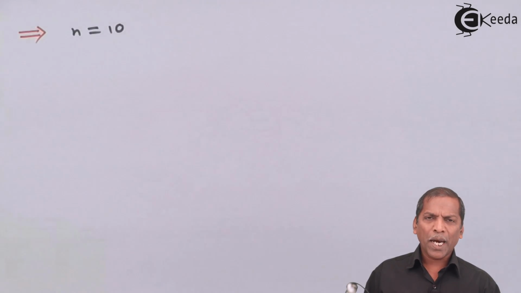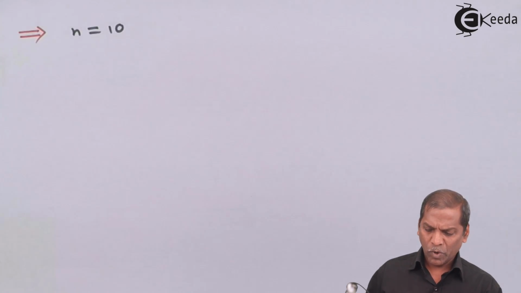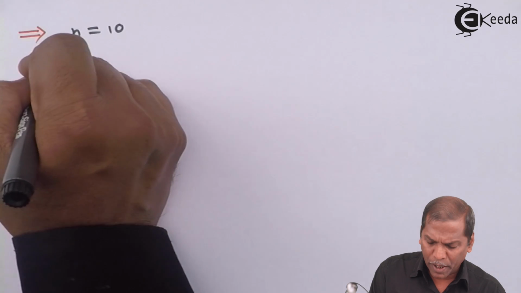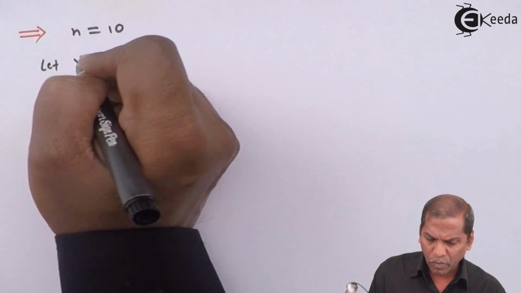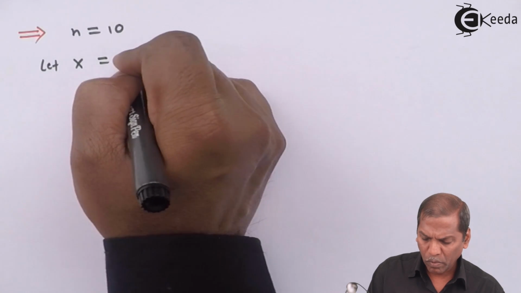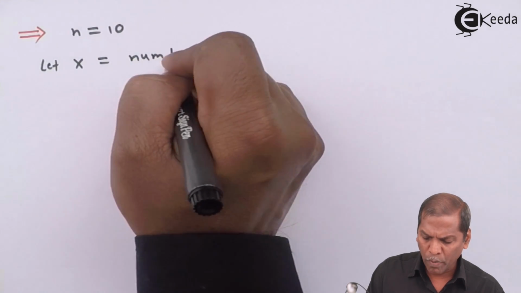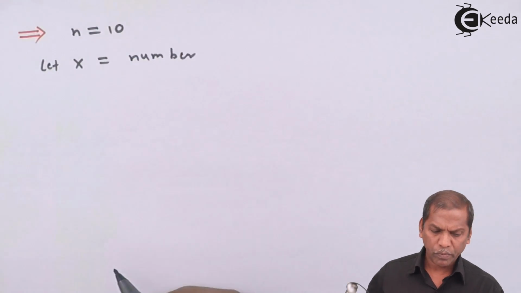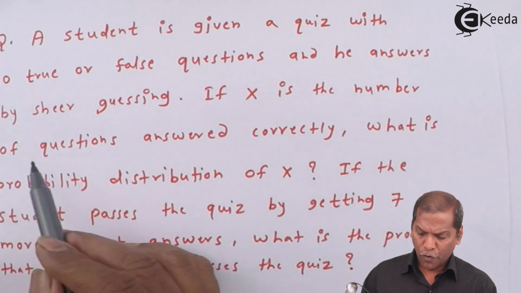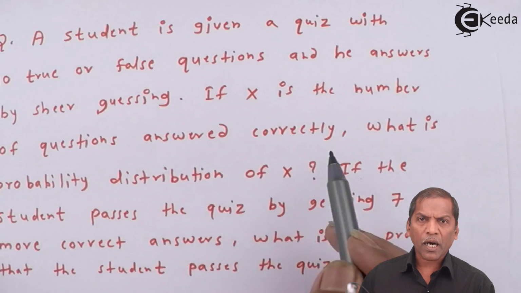One is true and second is false. So now first of all, let capital X represent number of questions answered correctly.